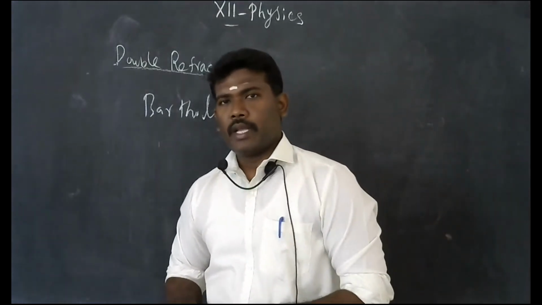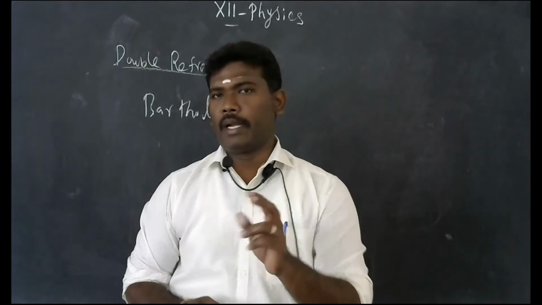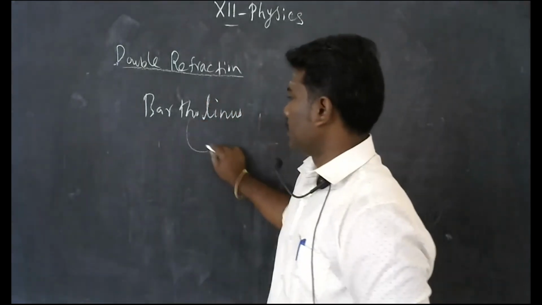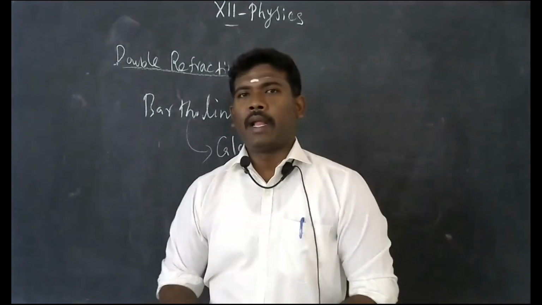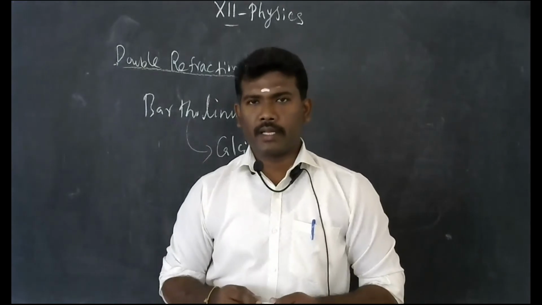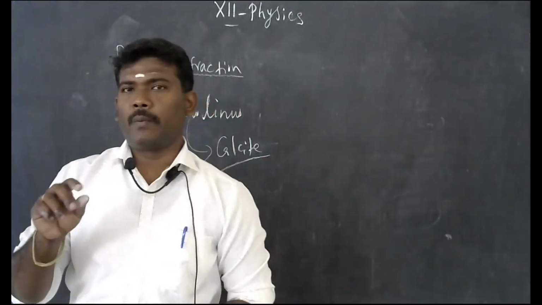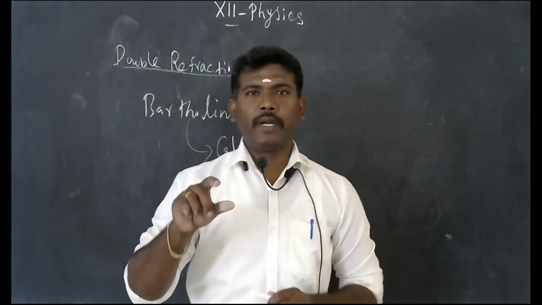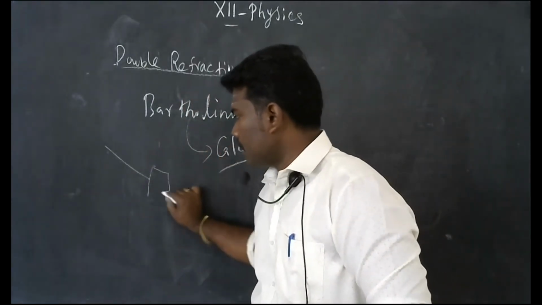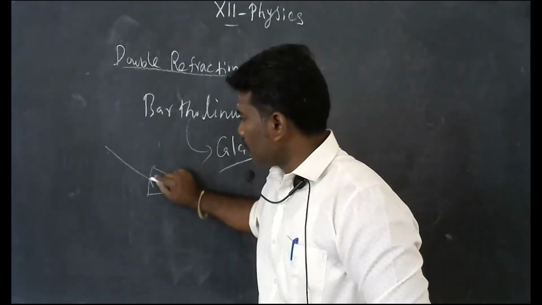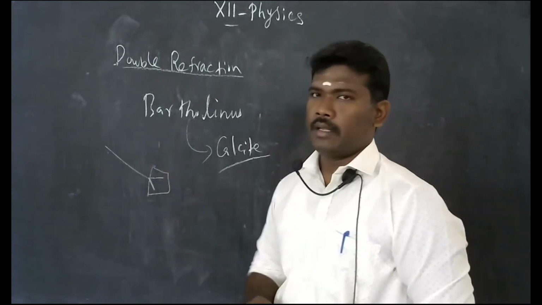Double refraction means if light is incident on a particular crystal material, and Bartholinus selected calcite crystal, then inside the crystal the incident light ray is refracted like two different rays. So a single incident light ray, when it is incident on the calcite crystal, is divided into two refracted rays.